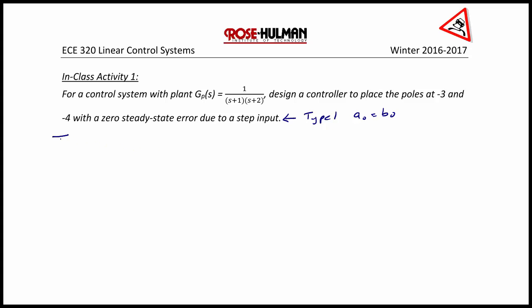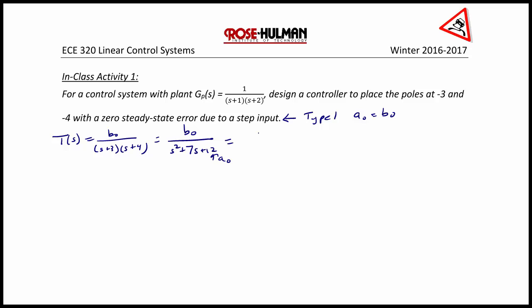So our closed loop transfer function is T(s) equal to B0 over (s plus 3) times (s plus 4). This is our desired closed loop transfer function, which is B0 over s squared plus 7s plus 12. And note that A0 is 12.